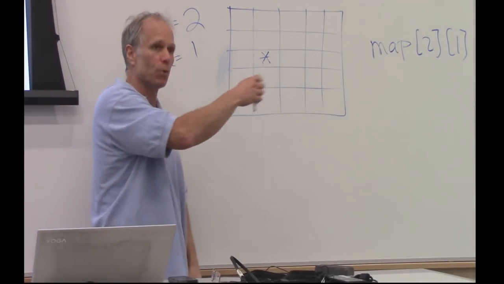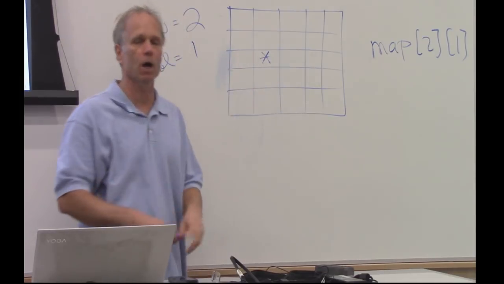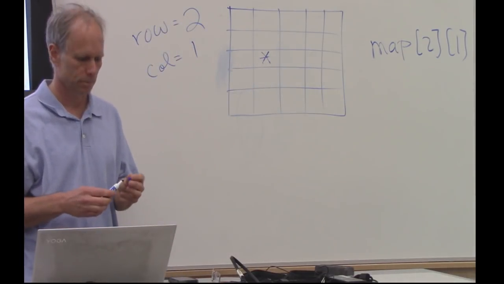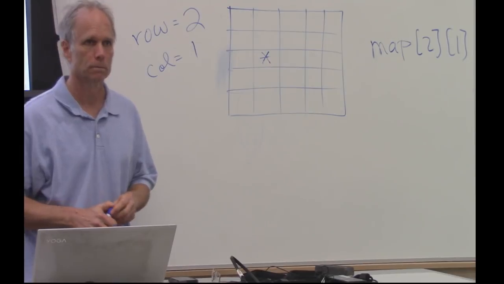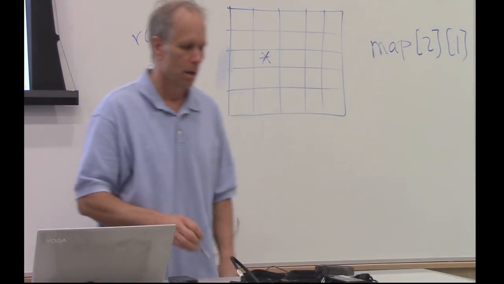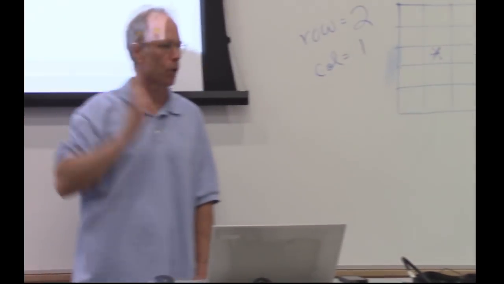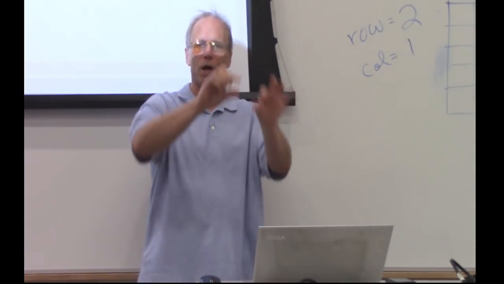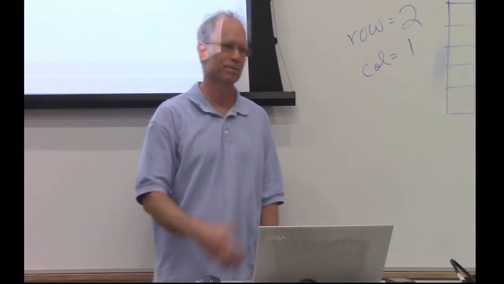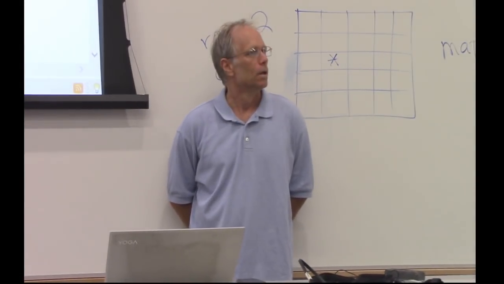Left and right, you keep the row the same, but you either subtract or add to the column. If you look at the helper method I gave you for Connect 4, you'll see that sort of thing going on. It's got to find 4 things in a row, so it's doing those sorts of calculations. Other questions?